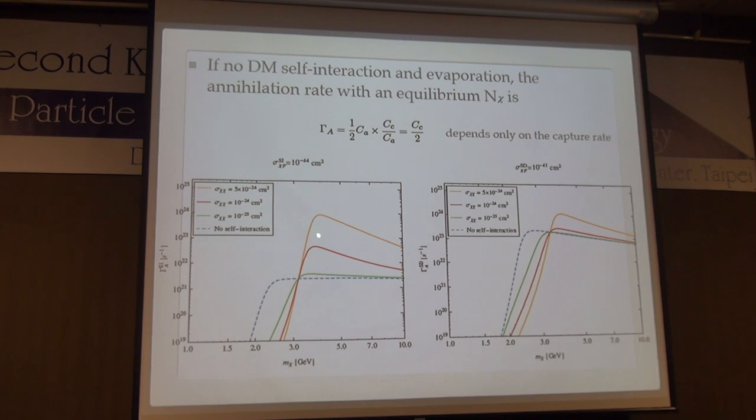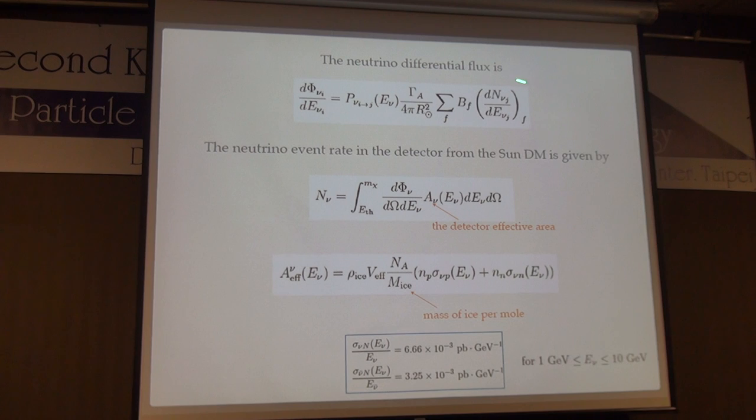Again, you can see that including the dark matter self-interaction, we can enlarge the signal by several orders. So this is the spectrum of the dark matter annihilation flux, and we consider the oscillations in the sun or in the earth, also in the vacuum, from the travel from the sun to the earth. And the annihilation rate, the flux, is divided by 4 pi r squared, with the branching ratios.